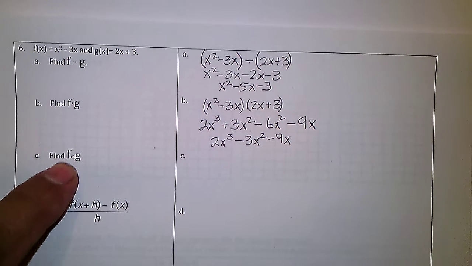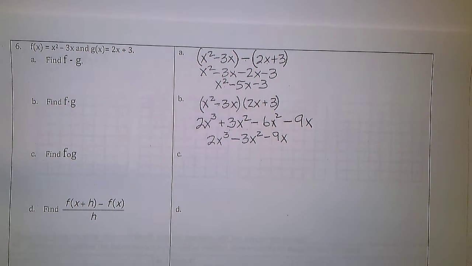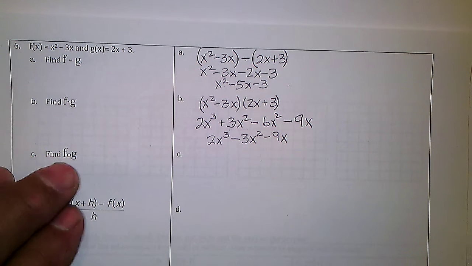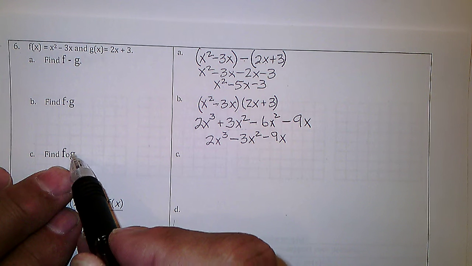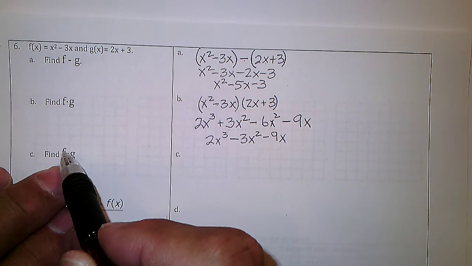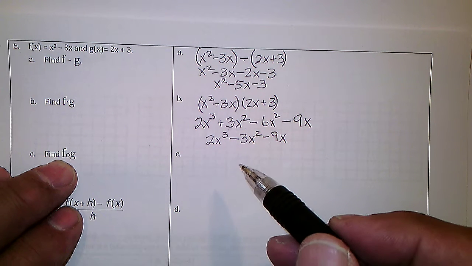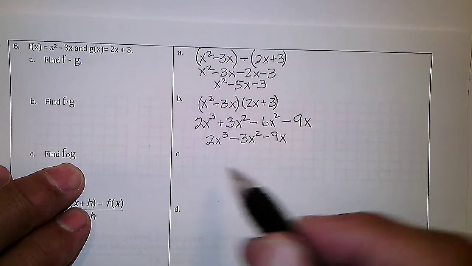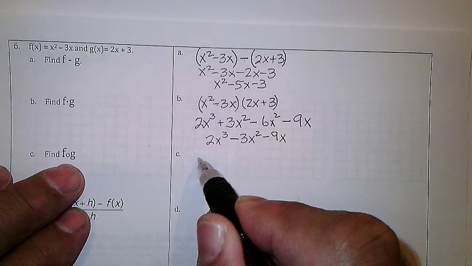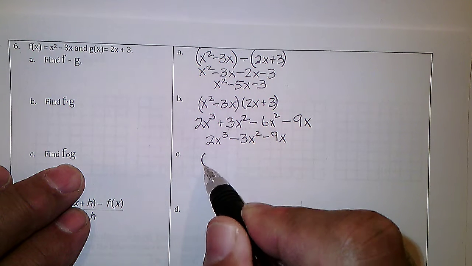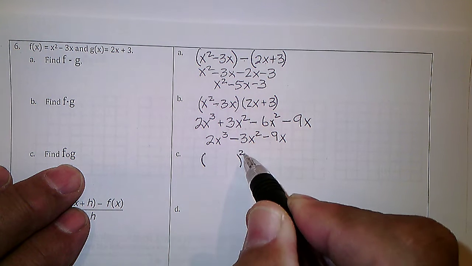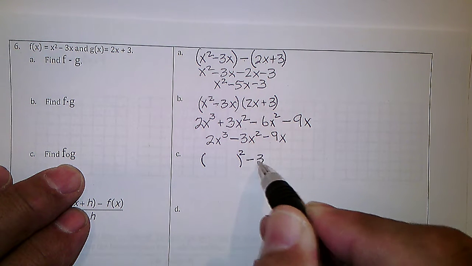Now this is not a dot. This is a composite. So I got to put G inside of F. Wherever there's an X in F, I've got to put G. So I'm going to have, the F has X squared minus 3X.